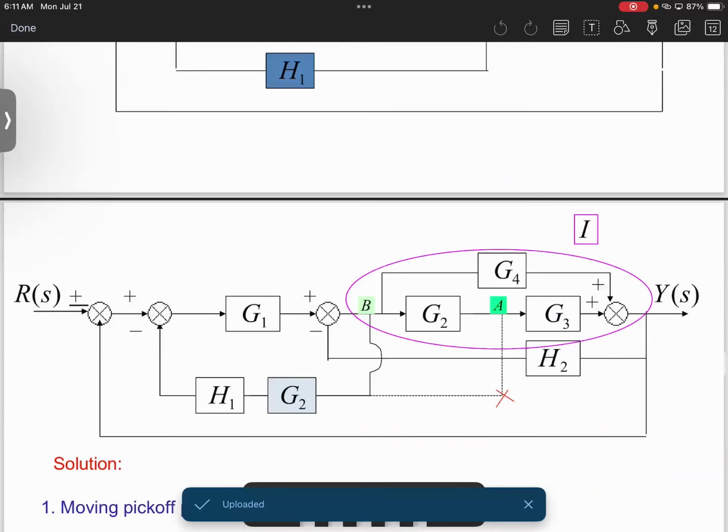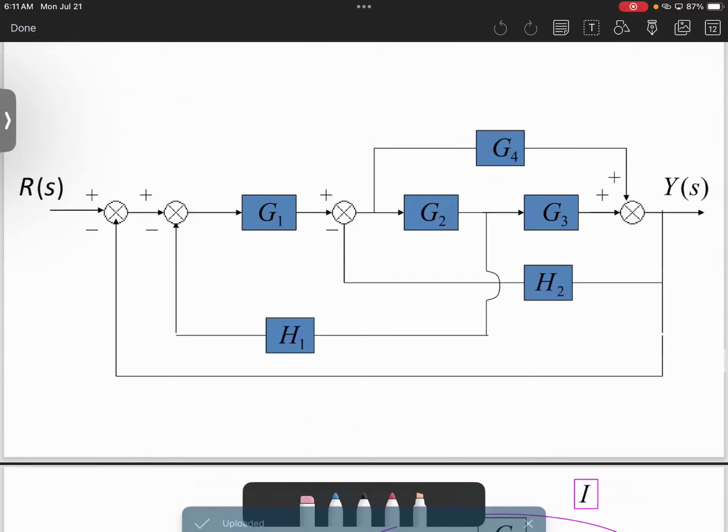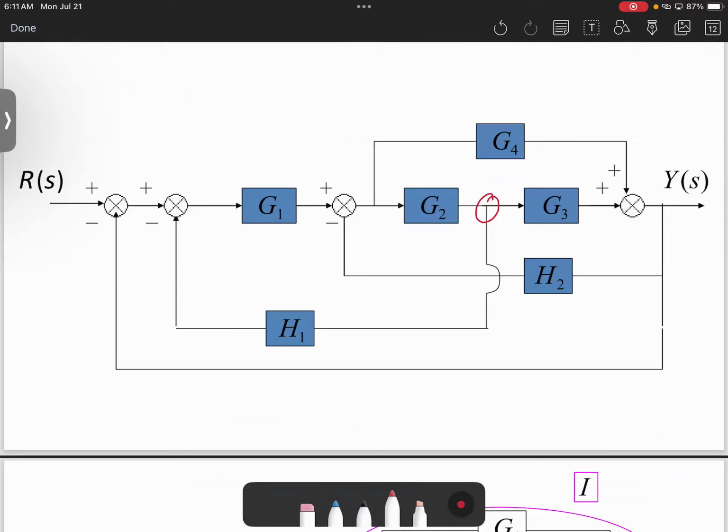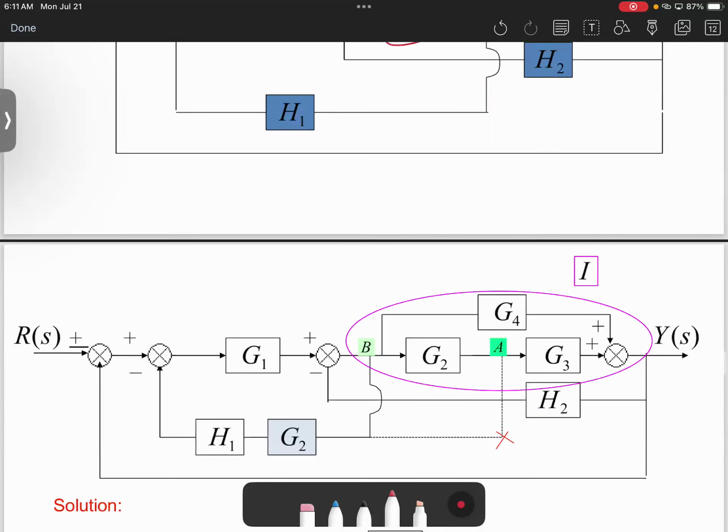Number 9, one of the things is to move this point from here to here. Okay? Move it from here to here. This yields G2 and multiplied by G2.